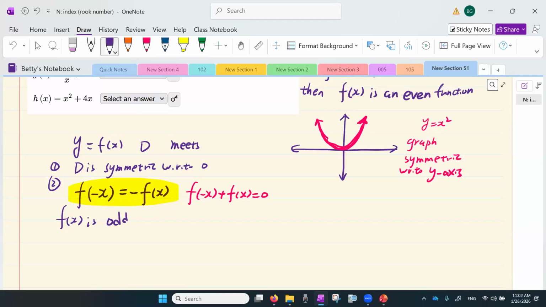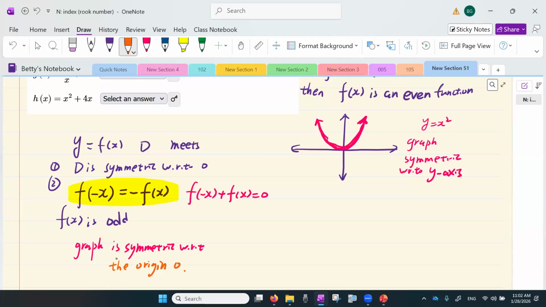Graphically, if a function is odd, the graph is symmetric with respect to the origin, 0.